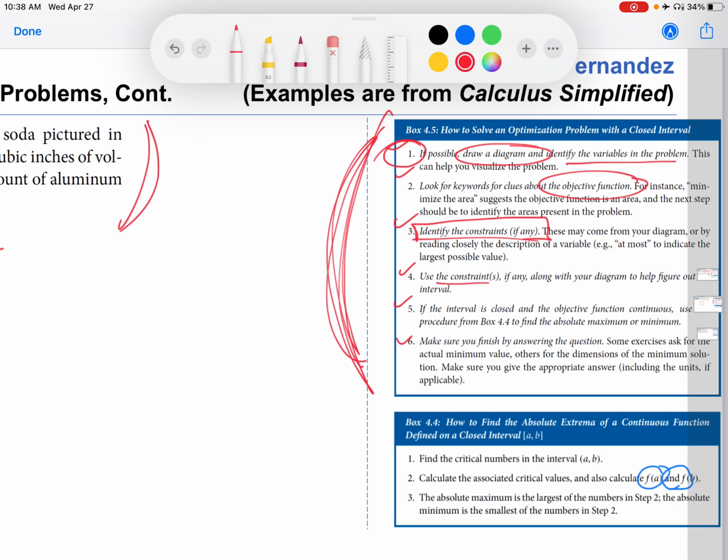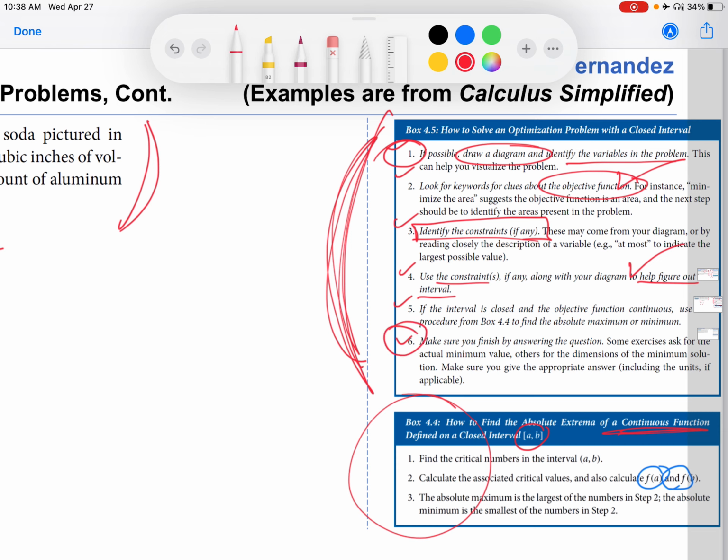And once you have that constraint, at some point, like it happened for us, that will help you figure out the interval. At this point, if you have the objective function and you have the interval, you are set to apply the optimization theory. Hopefully the interval is closed and your objective function is nice enough to differentiate and apply all the critical numbers, critical points theory we have.